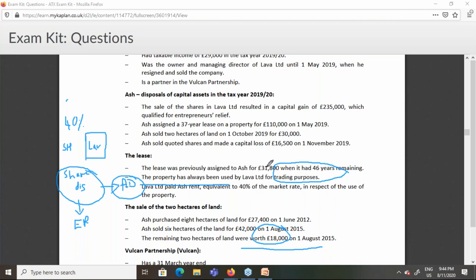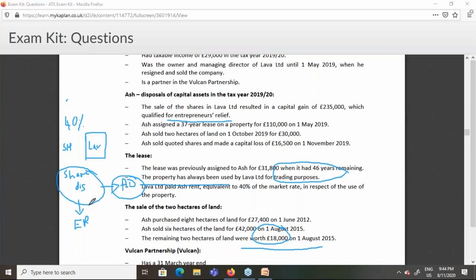That condition is satisfied here because the question itself says the chargeable gain qualifies for entrepreneur's relief. So what's the first condition? The share disposal in Lava Limited must qualify for entrepreneur's relief.